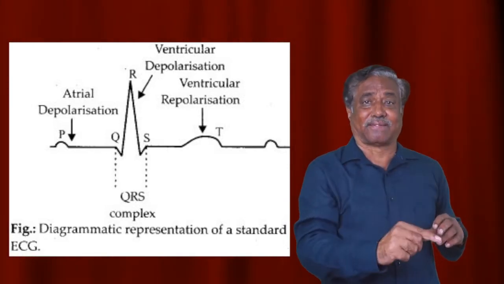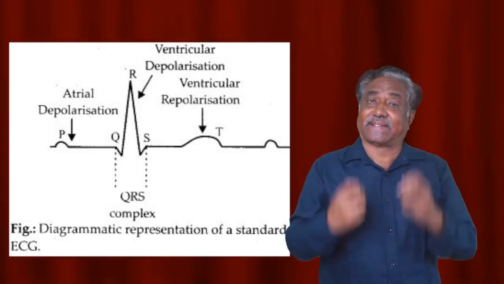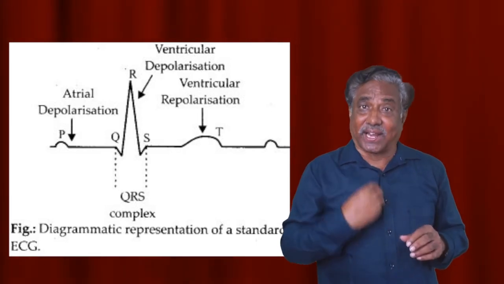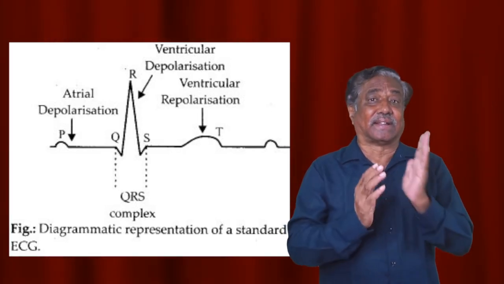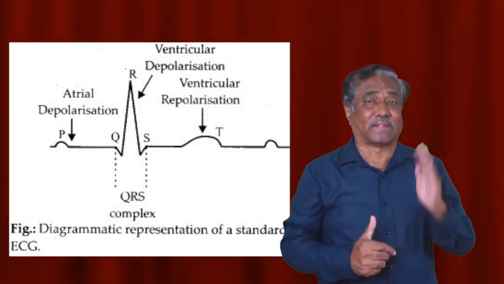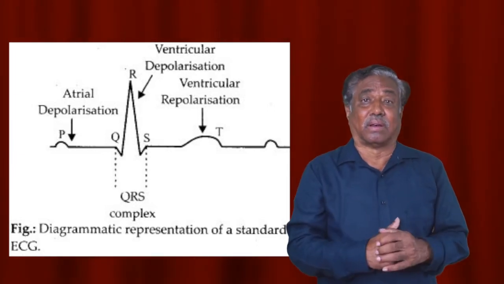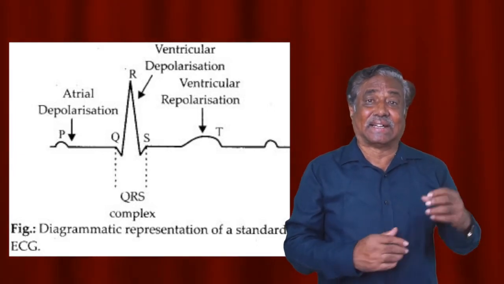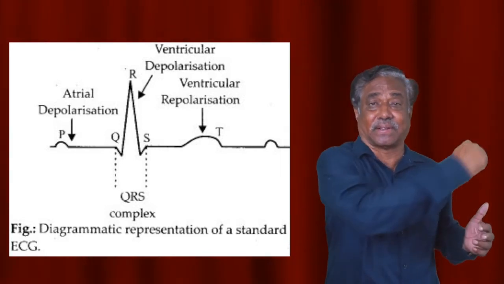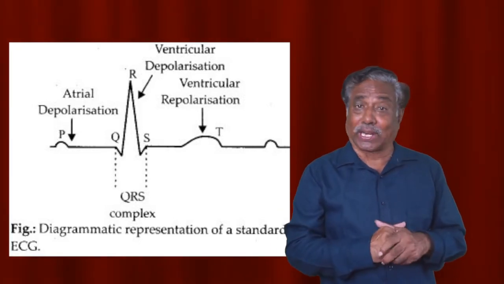The P wave is caused by the excitation or depolarization of the auricles, and the QRS wave, a big wave, is formed because of the excitation or depolarization of the ventricles. The relaxation of the ventricles is represented in the form of the T wave, that is repolarization.